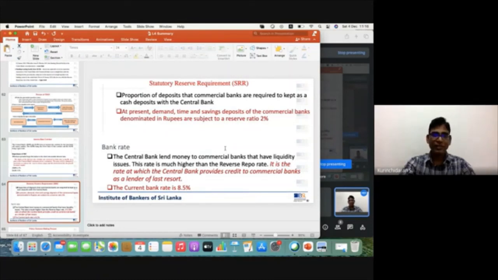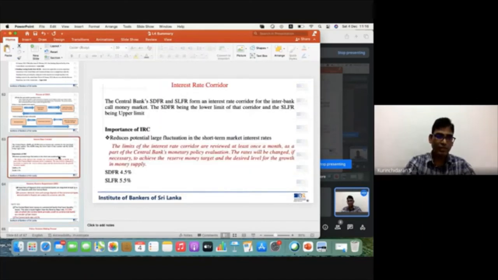Okay. So here we have given the statutory reserve requirement. I think the previous percentage was 5%. Now it should be 2%, I think. And the bank rate also has been reduced to 8.5%, right? You should understand the difference between this bank rate and this one, right?